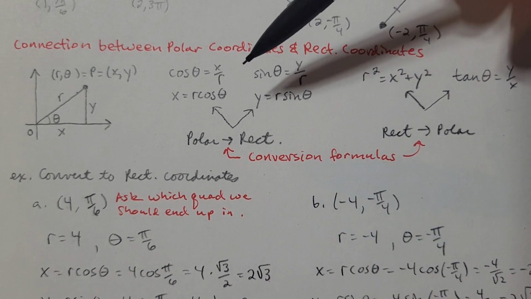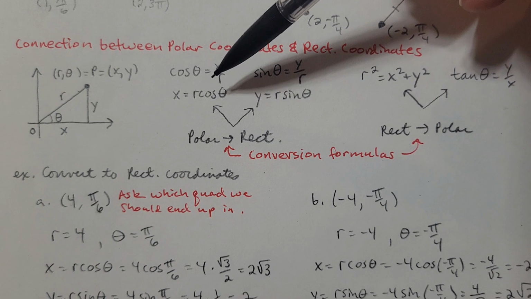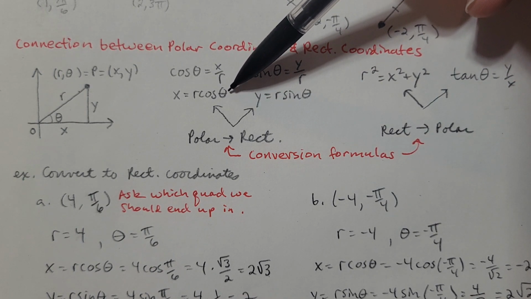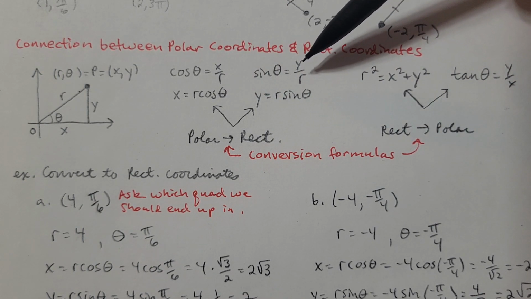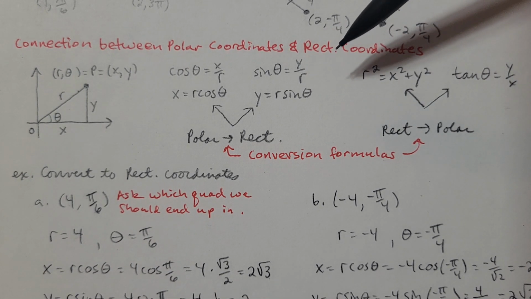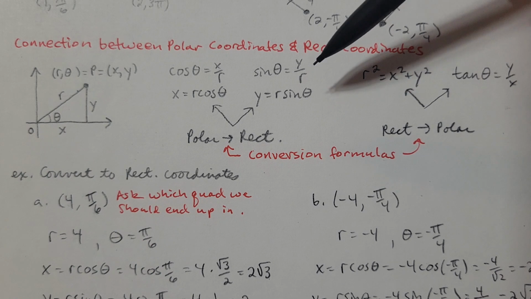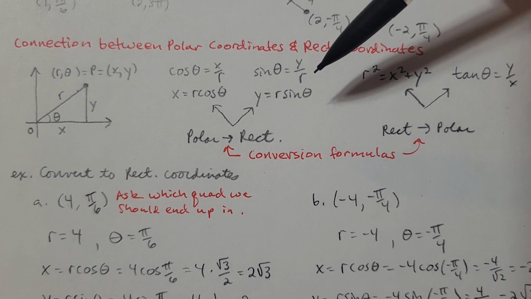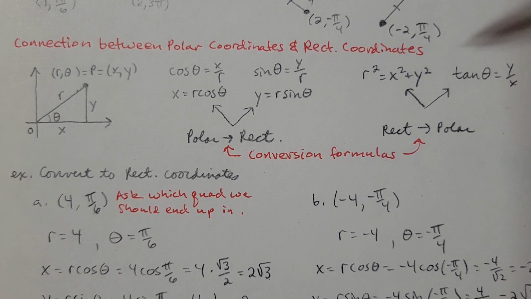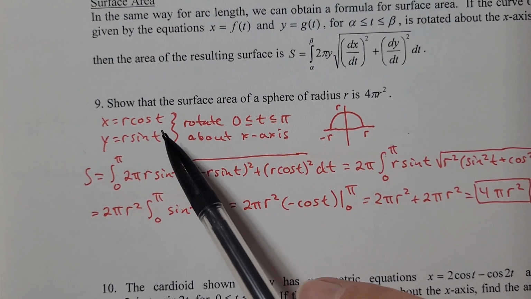So x over r equals cosine theta means x equals r cosine theta, and sine theta equals y over r means y equals r sine theta. That should look very familiar; we did that in the last problem up here.